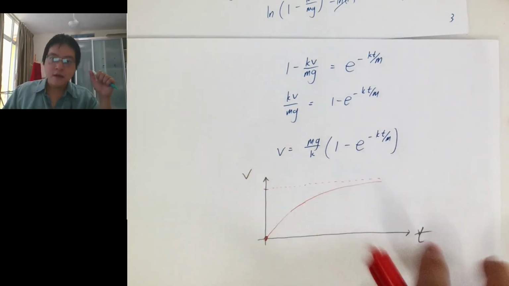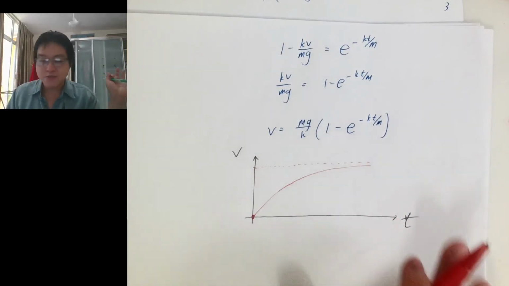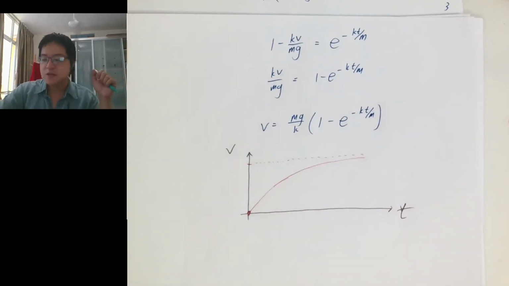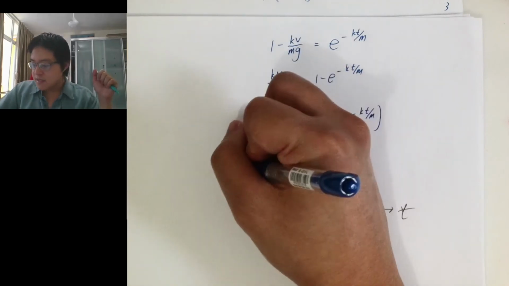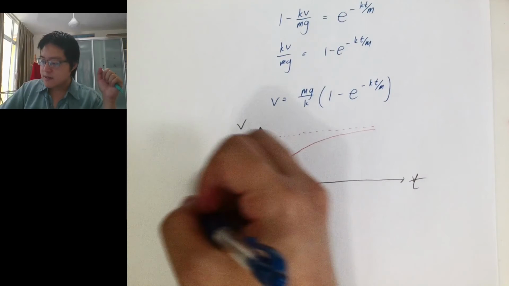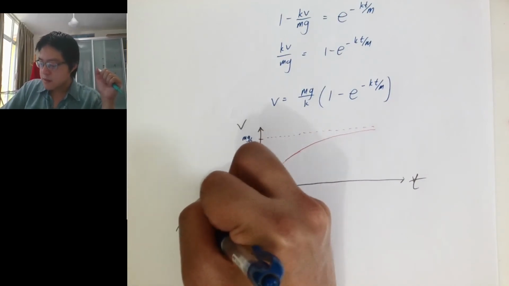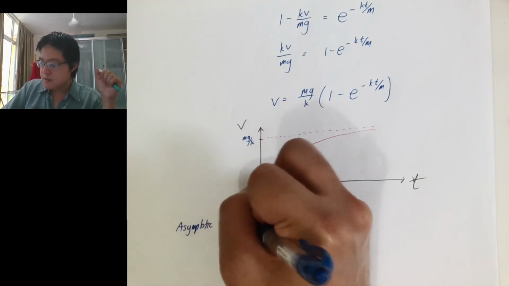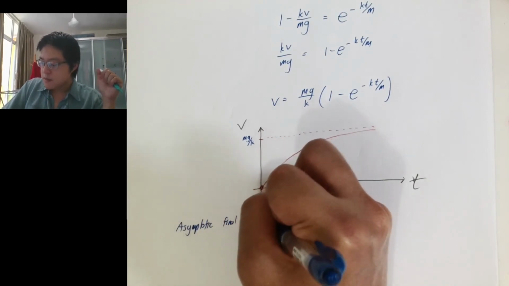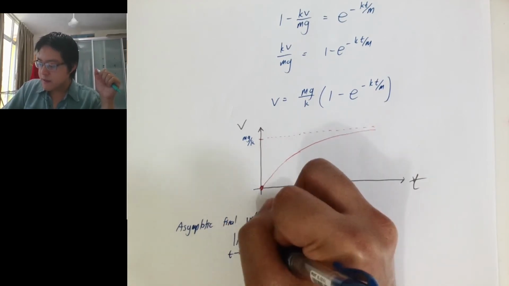Your calculus class will teach you a better way to sketch this curve, right? I just want to show you the shape only. So this line is mg over k. We can get this asymptotic final velocity by taking the limit where t goes to infinity of my function.